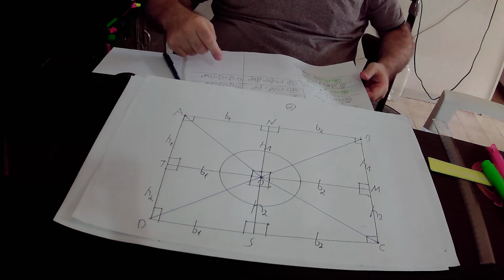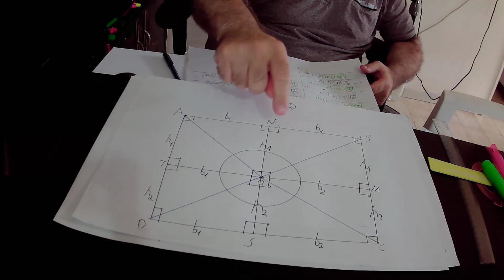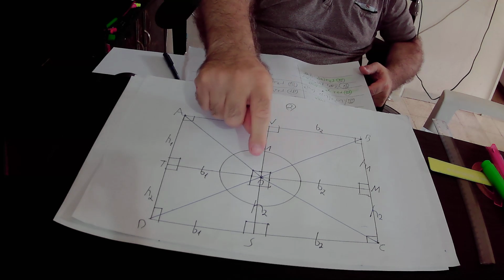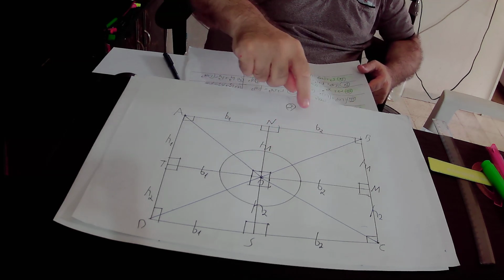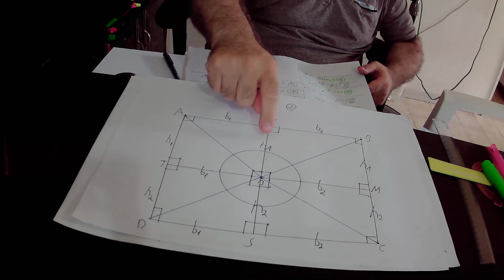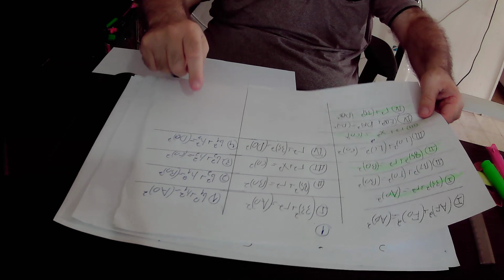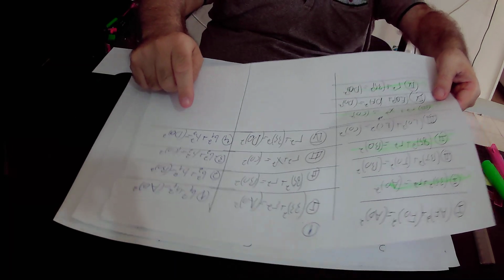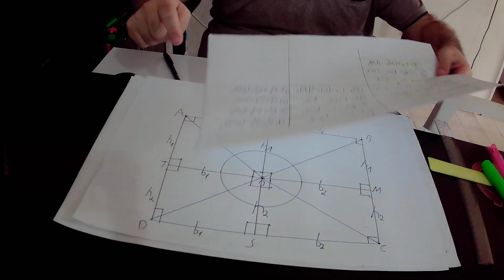Likewise, we join points O and B together by a straight line. So in the right triangle NOB, B2 square plus H1 square equals BO square. I repeat again. In the right triangle NOB, B2 square plus H1 square equals BO square.